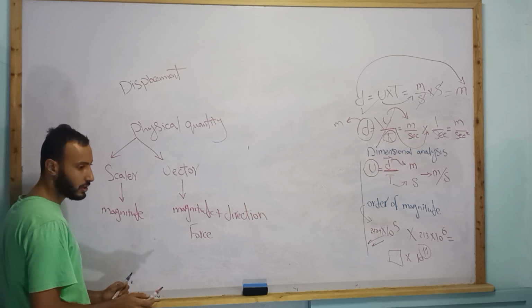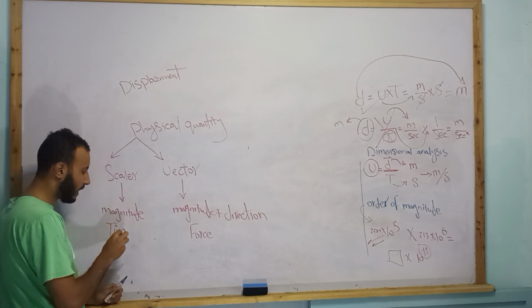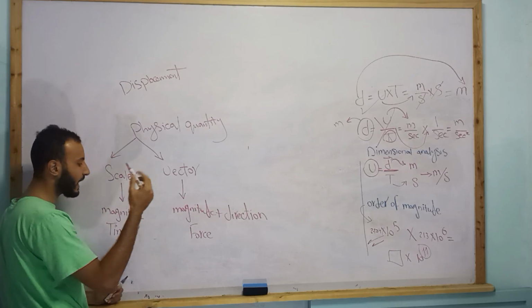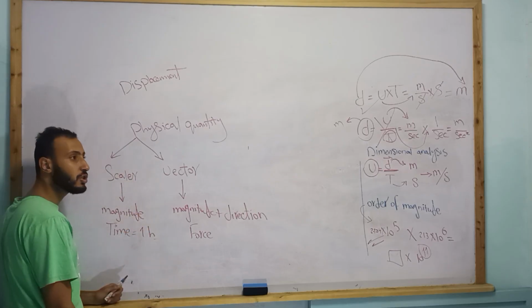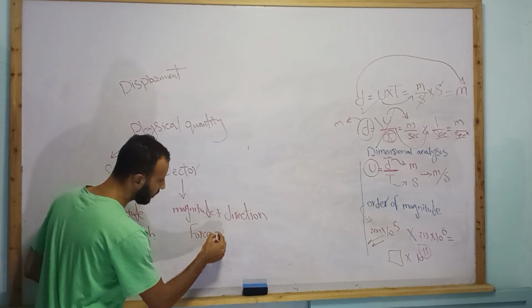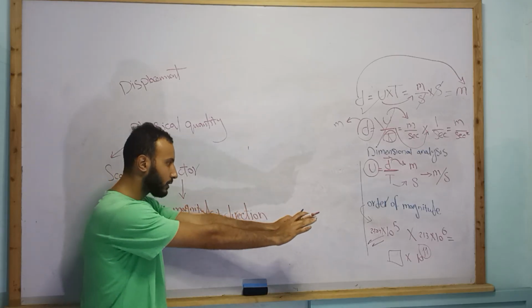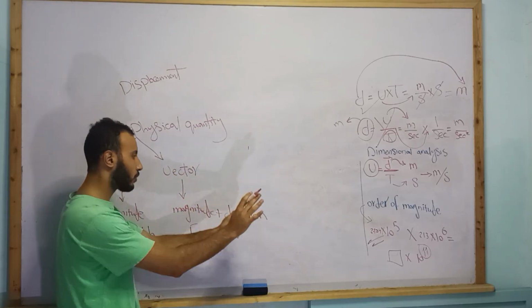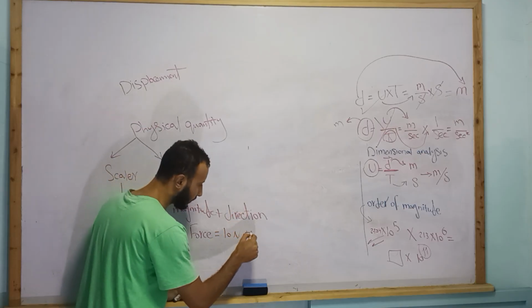And here we can take time, for example. I say the time of this session is 1 hour. I didn't mention the direction, so because of that it's a scalar. And in the force, it's 10 Newton to the north, or 10 Newton forward, or 10 Newton backward.